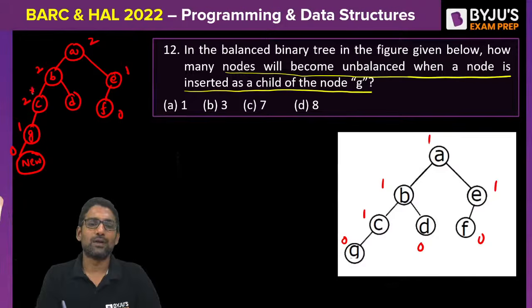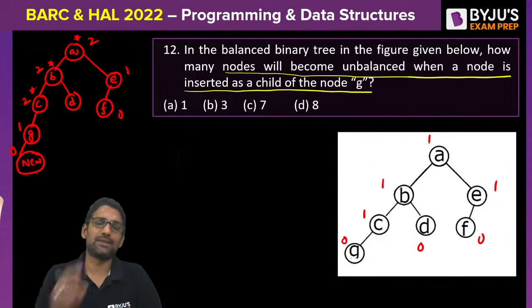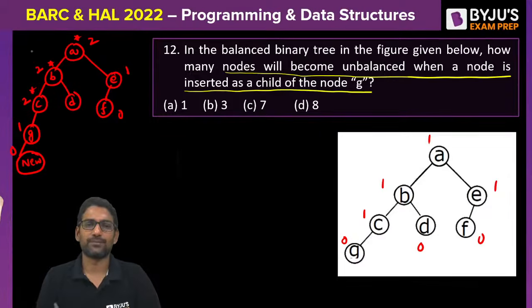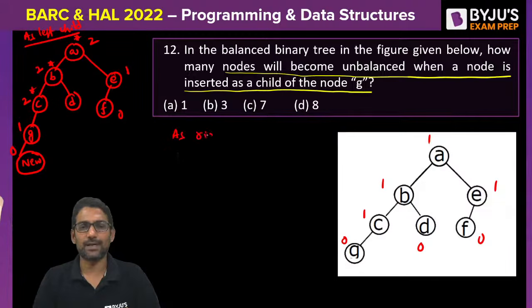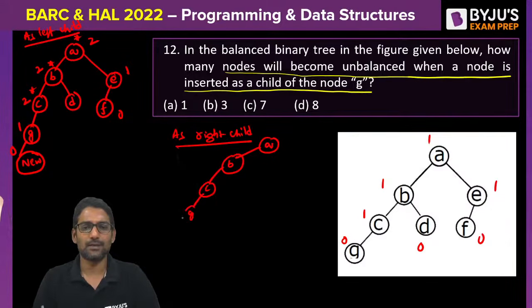So what are the critical nodes whose balance factor is other than -1, 0, 1? So here A, B, C, three critical nodes are there, if you insert as a left child. If you insert as a right child, so we have A, B, C, G.